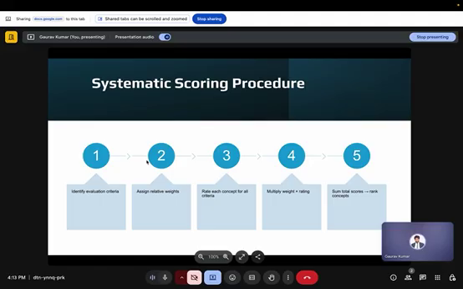So in week 12, the structured method exemplifies scientific reasoning in design. It formalizes intuition through numbers, ensuring that every design choice can be justified with analytical clarity and documented accountability. Okay.